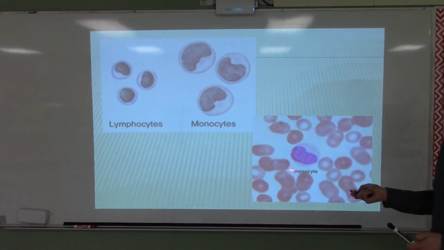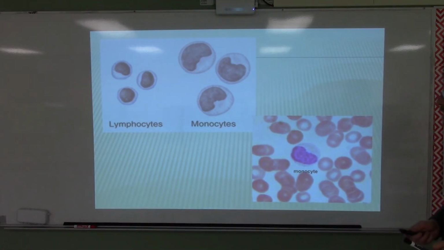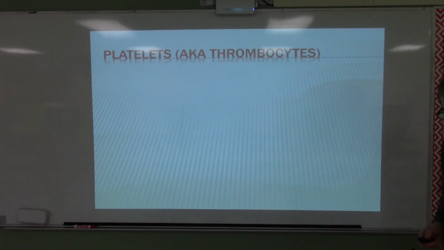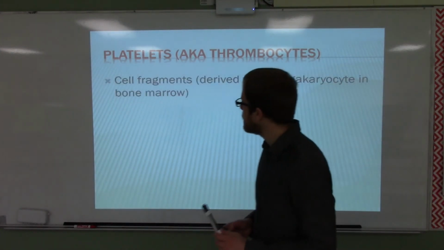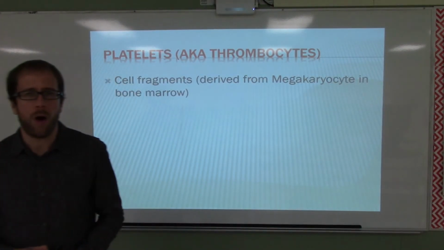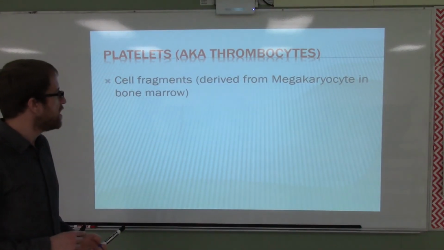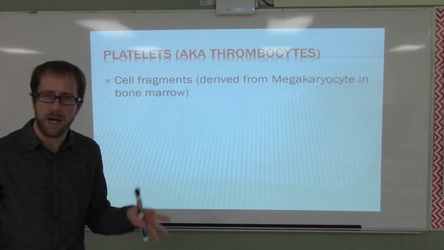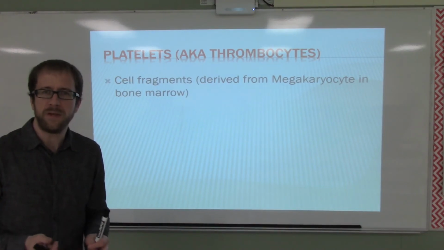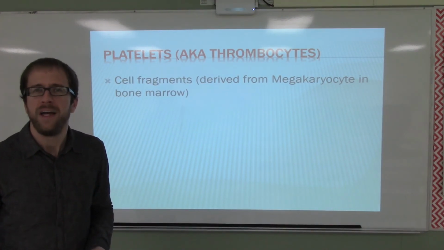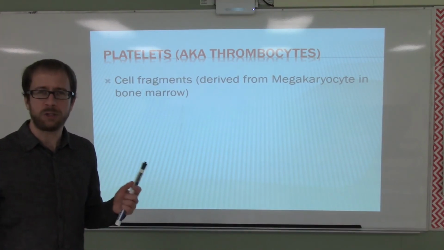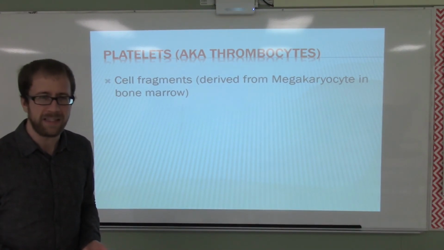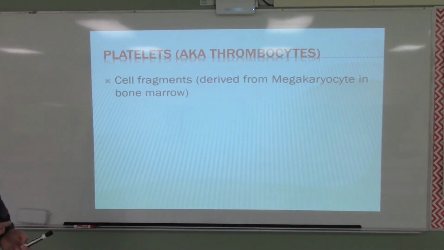Monocytes, you can see, are quite large in comparison to the other cells. Last up is platelets. Now, platelets are cell fragments. They started out as a massive cell called a megakaryocyte, which effectively went and killed itself, and then split up into a bunch of little chunks, which are your platelets. They have no nucleus.